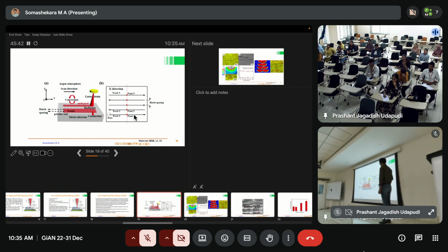You can speed up the process by keeping more space, which means less overlap, but then you will not get smooth layers, or you may have unevenness between the layers.